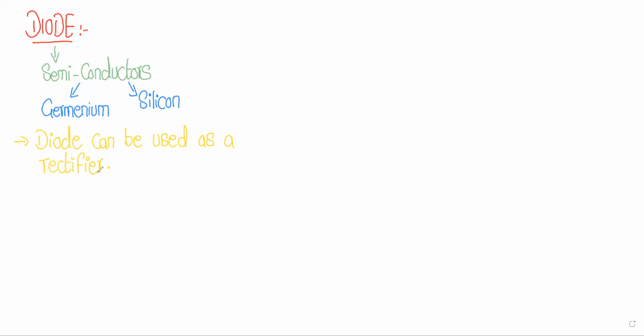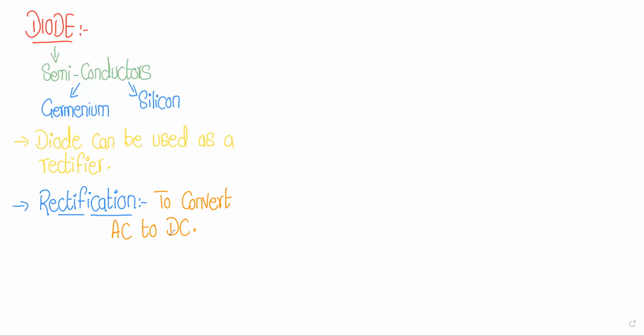And what is the process of rectification? Let's see what the meaning of rectification is. The main concept of rectification is to convert AC into DC. That is, to convert AC, or alternating current, to direct current, right?